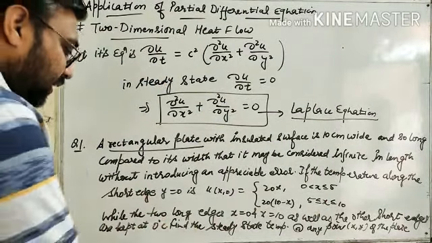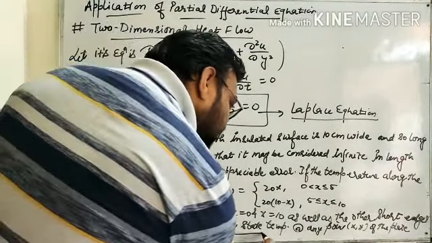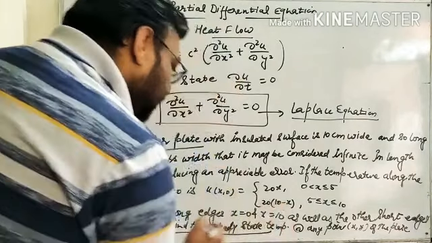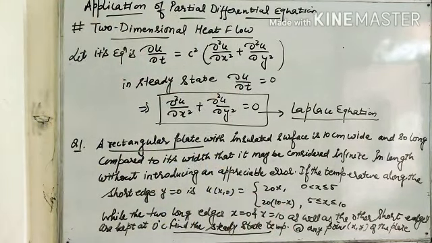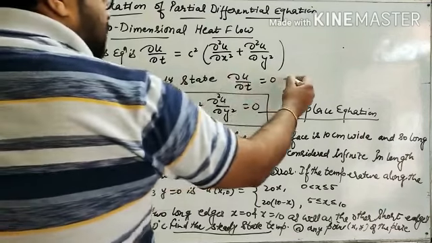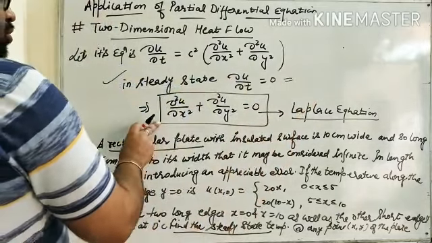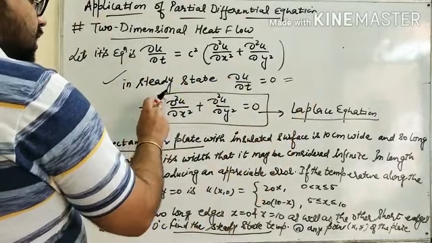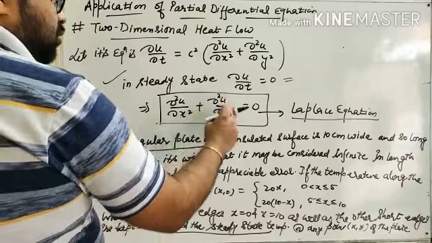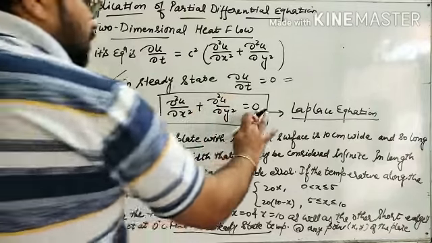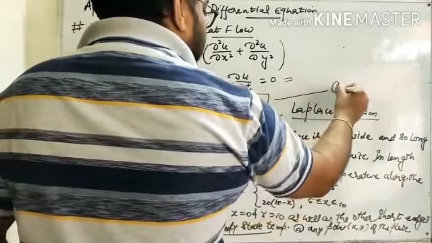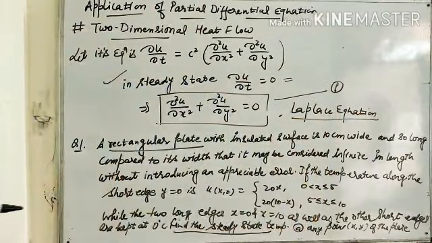But we have to find temperature in steady state. So in steady state, ∂u/∂t = 0. So the equation will convert into ∂²u/∂x² + ∂²u/∂y² = 0. Let it be equation number 1 for this particular problem.